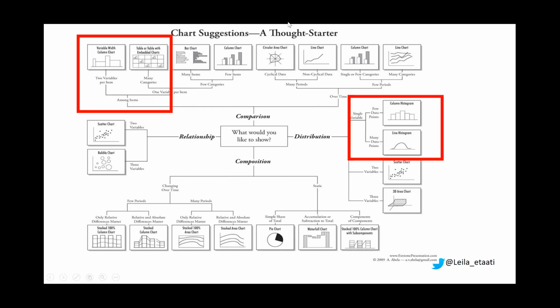For comparison among items, we still don't have a table with an embedded chart, or two variables per item using a column chart. So even here, we need to work with other languages to get better and more comprehensive visualization.